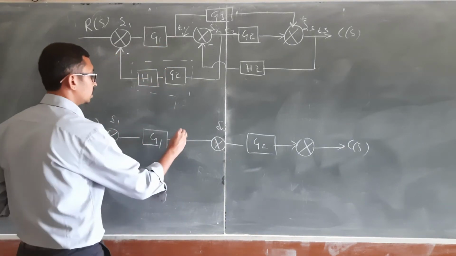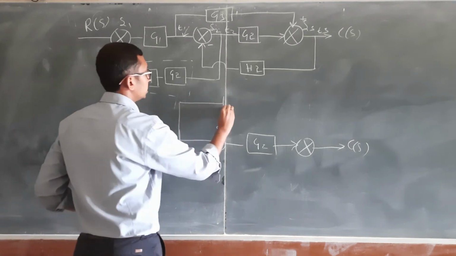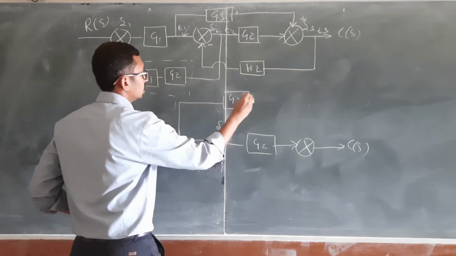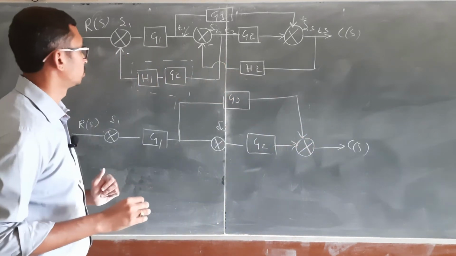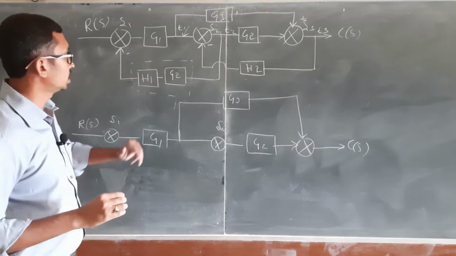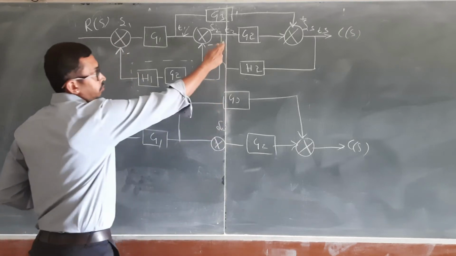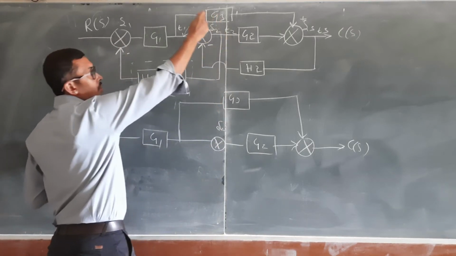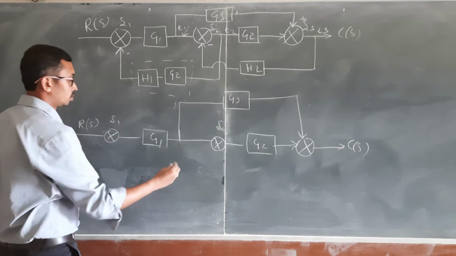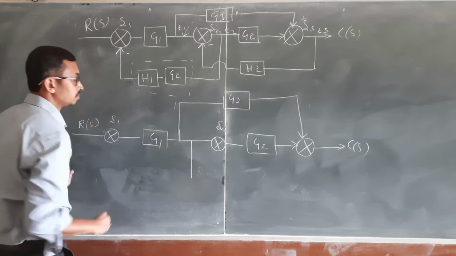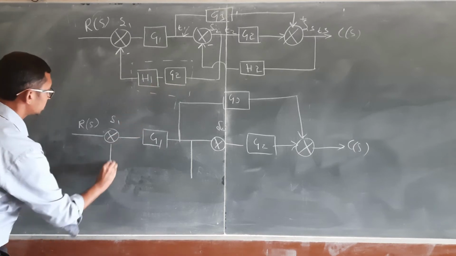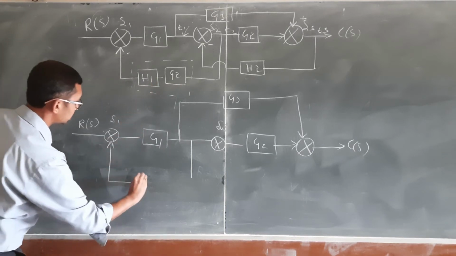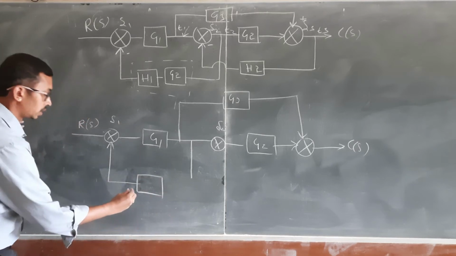Here it is G3, and come to this one. I am not changing anything here. What I am changing is shifting this takeoff point to before the summing point, so I am shifting it over here. Here these two are in series, so I am going to do the multiplication of that, and it will be reduced to a single block.